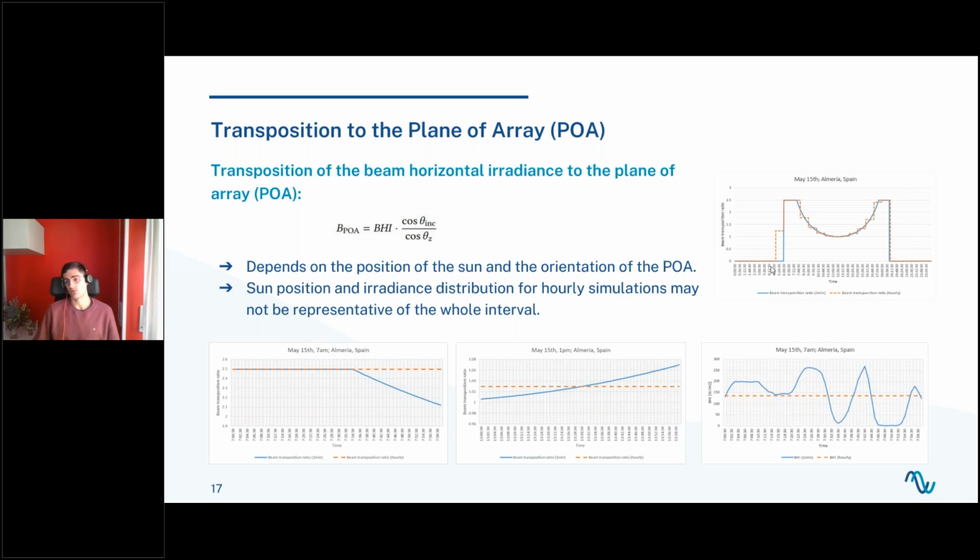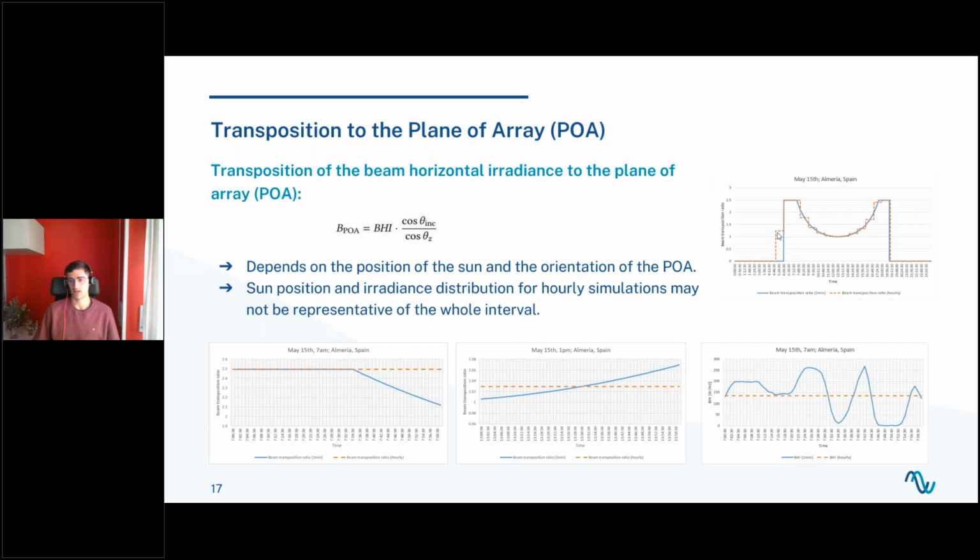We can see how the blue curve is smooth. At every minute it's calculating the position of the sun, the position of the tracker, and the transposition gain for that specific instant, while for hourly we are doing that but for a specific interval.